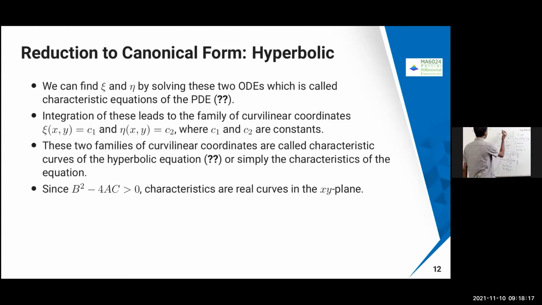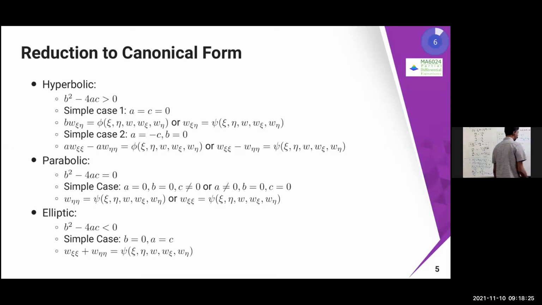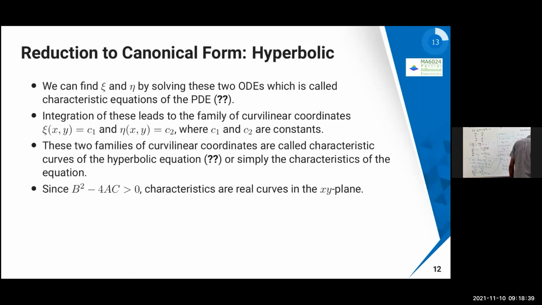That is this equation, a lambda square plus b lambda plus c equal to 0. That is the characteristic equation for w chi eta equal to psi.